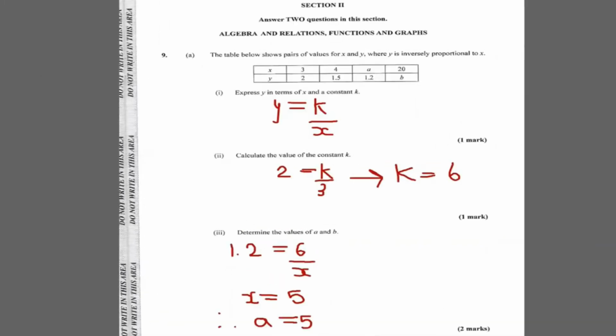Now what happens when x is 20? When x is 20, what's going to be y, which is b?